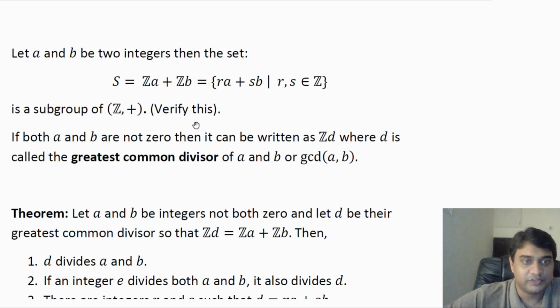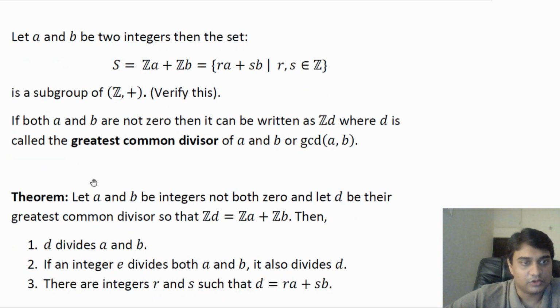So okay, we have defined this. Now if A and B are not both zero, then it can be written as Z times D, since this is a subgroup of integers, and any subgroup of integers is either a trivial subgroup or a subgroup of the form Z times D, where D is an integer.